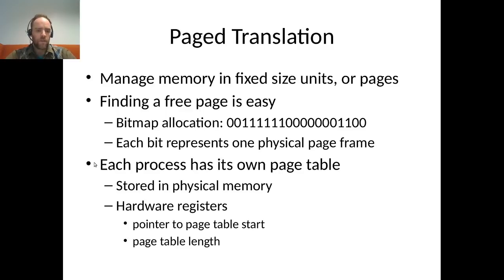So what do we need per process? Instead of a segment table per process, we need each process to have its own page table. So we're just replacing the segment table with a page table, much like we replaced the base and bound registers with a segment table when we moved from base and bound translation to segmented translation.